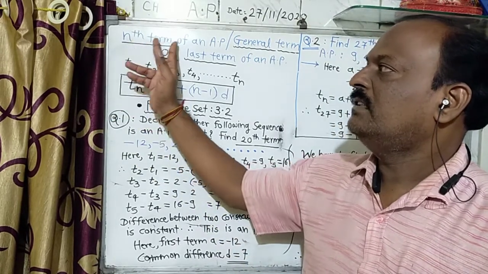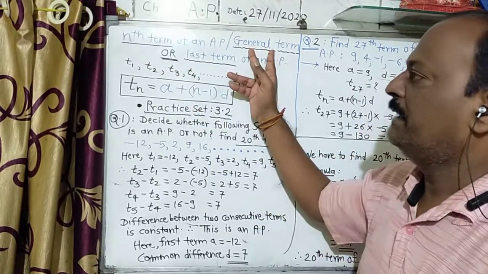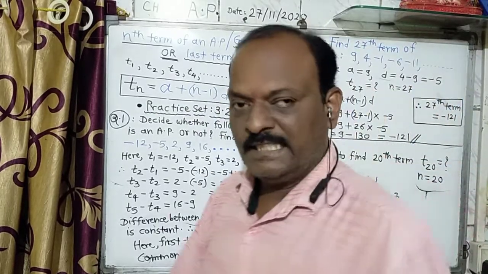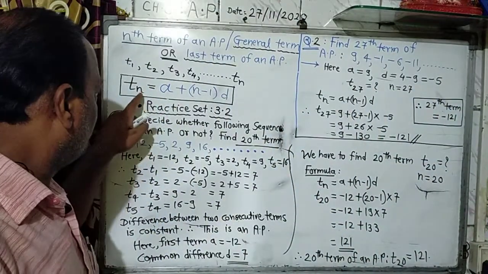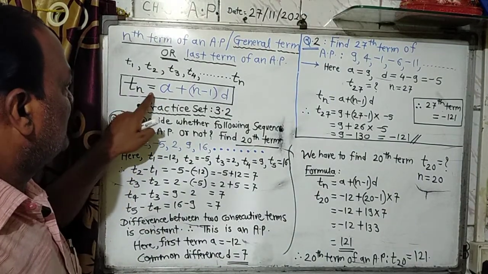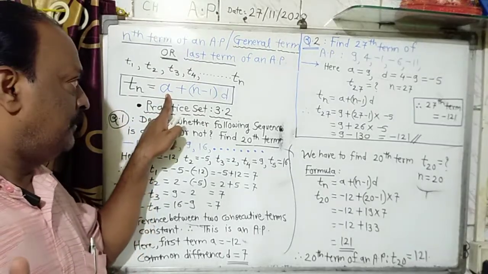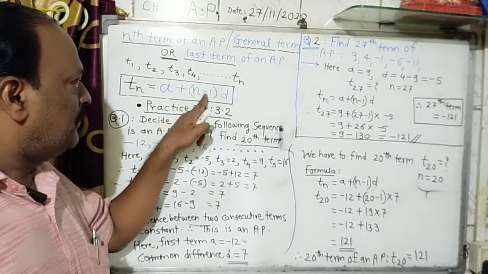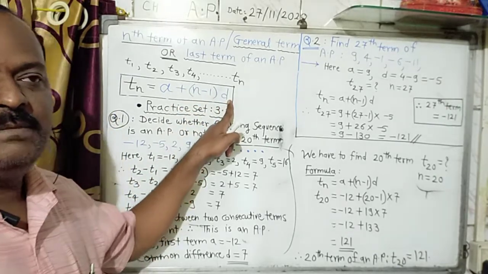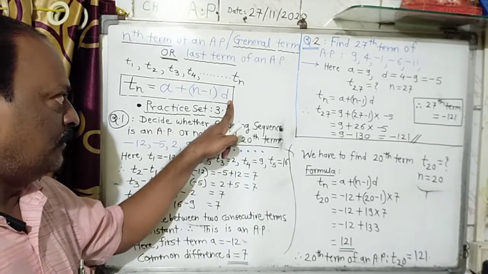The formula is Tn is equal to A, the first term, plus n minus 1 into D. D means the common difference between two consecutive terms.